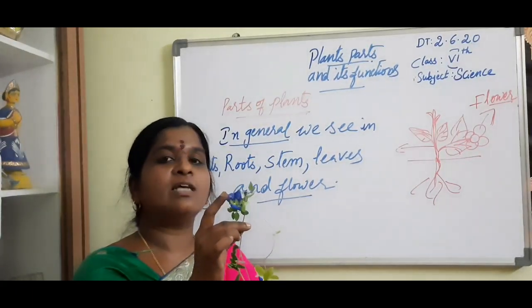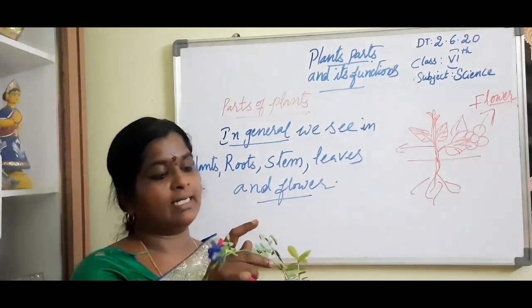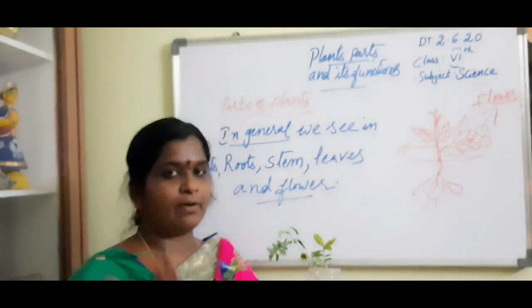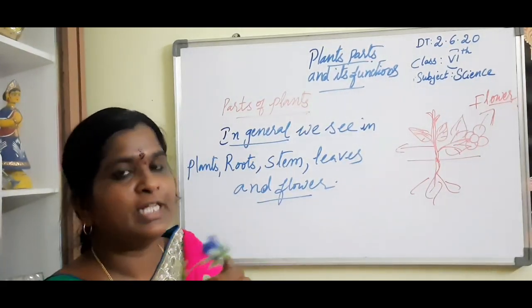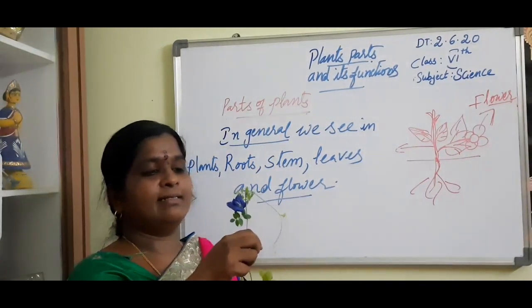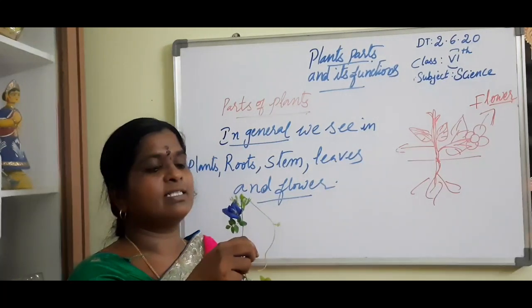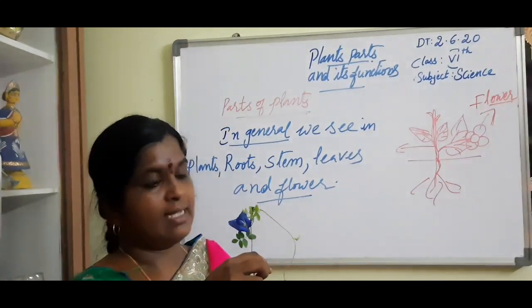The flowers give beauty to the environment. In our garden we grow a number of plants with beautiful flowers. At the same time, insects suck the nectar from the flowers, and in this process pollination takes place.